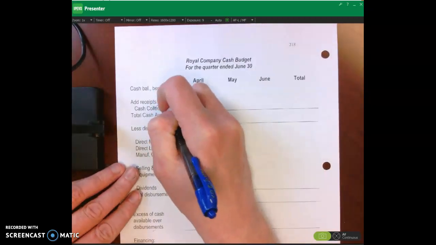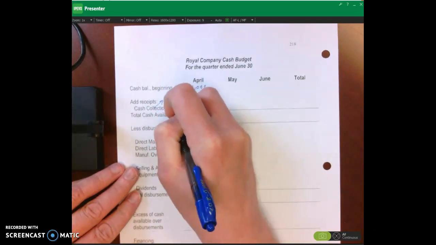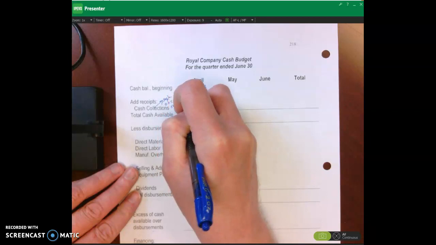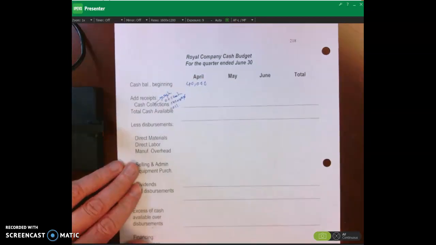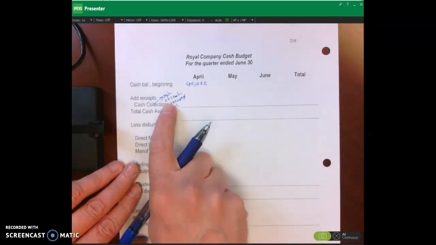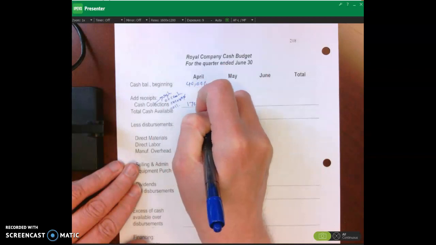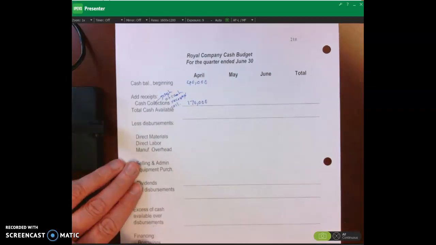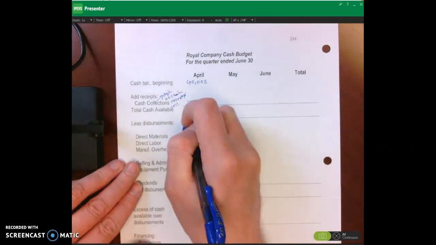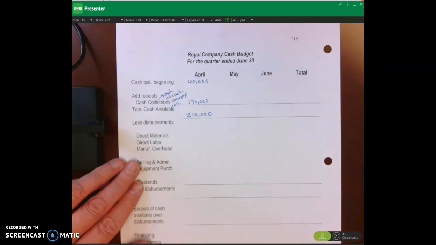Look back at the schedule of cash receipts and schedule of cash collections for April. And when you look at that, you would see that we were anticipating collecting $170,000 worth of cash in April. We can add those two together, gives us our total cash available of $210,000.